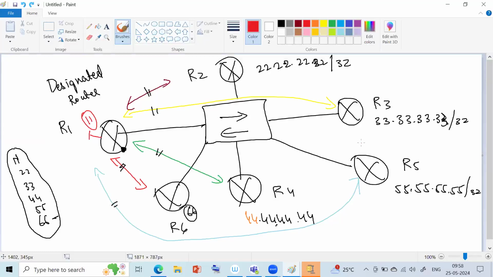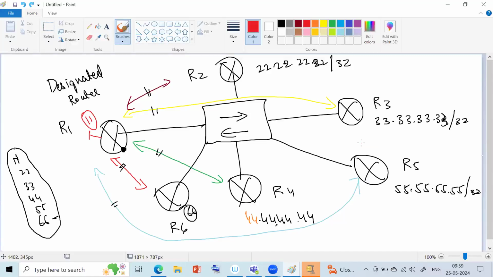Fine, 200 is fine. What about scalability? When I say scalability, what does it mean? After 200 routers, you thought of adding one more router, the 201st router. That 201st router has to form neighborship with the other 200 which are there. The other 200 have to form neighborship with this 201st router, right? If you add just one, see how many neighbors you have to establish.